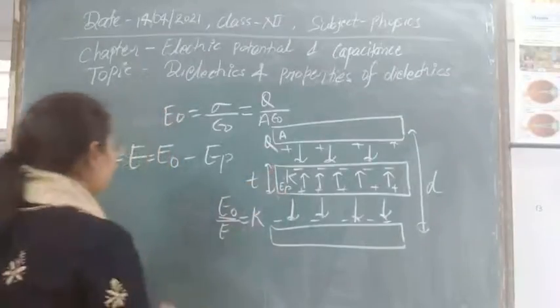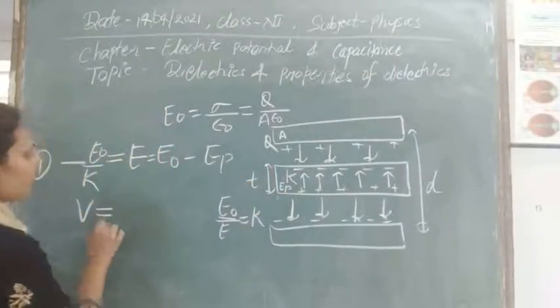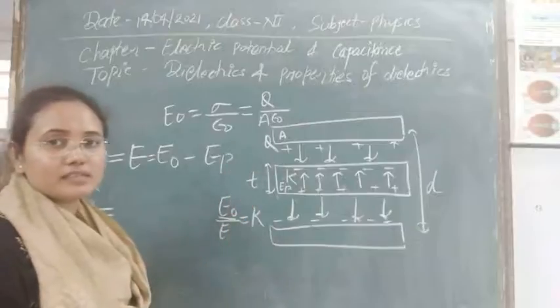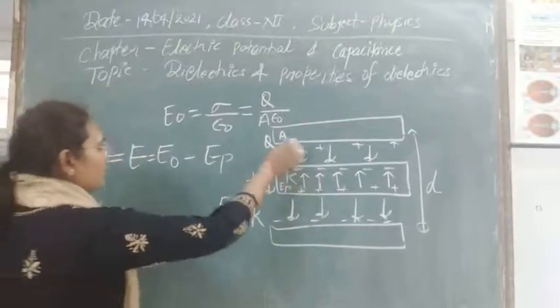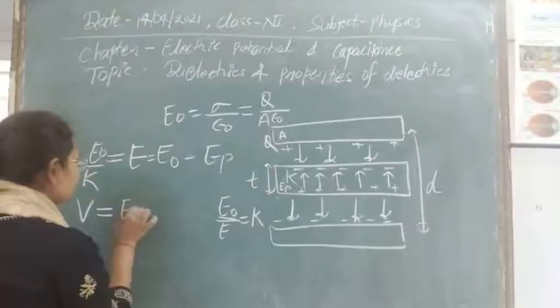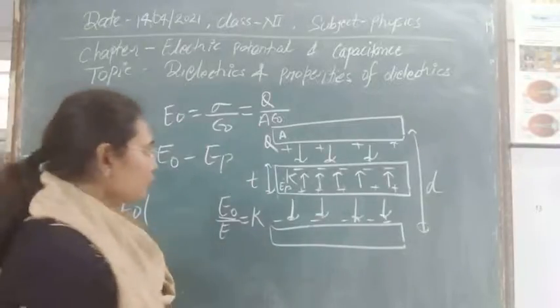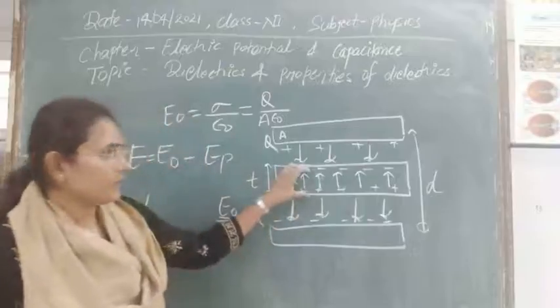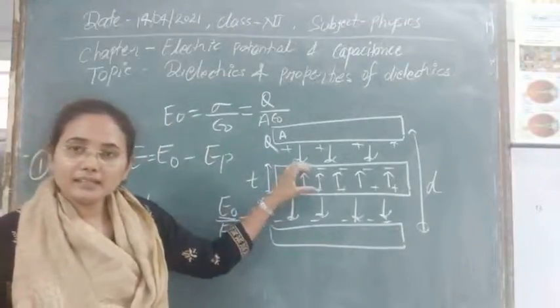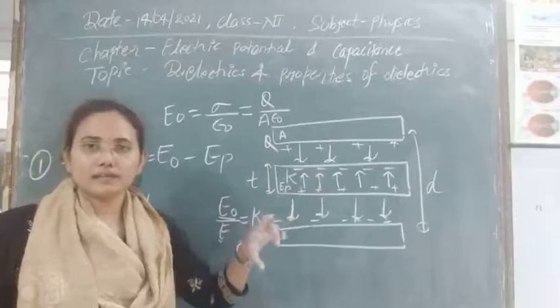So if we want to calculate the overall potential due to this whole system, it is given by the external field E0 and the range up to which it is effective. E0 is not effective in the region of the dielectric; in this region the reduced electric field E is effective.